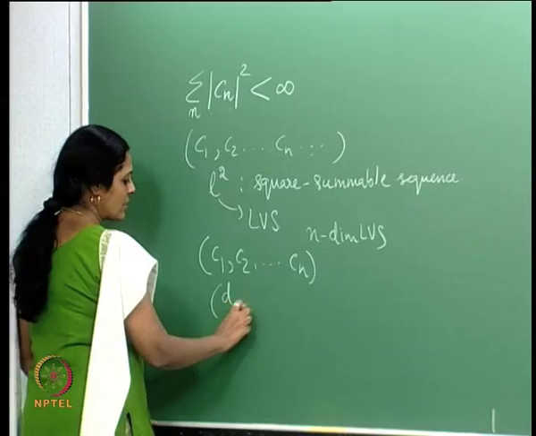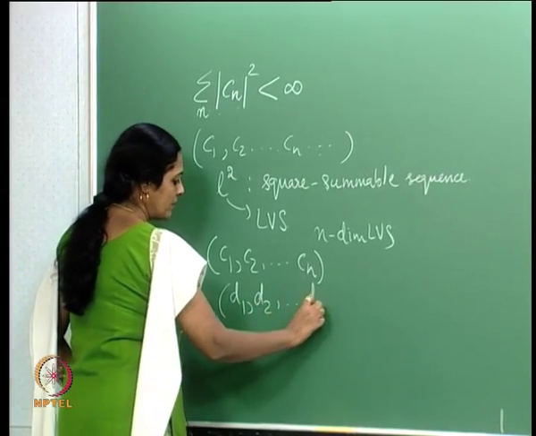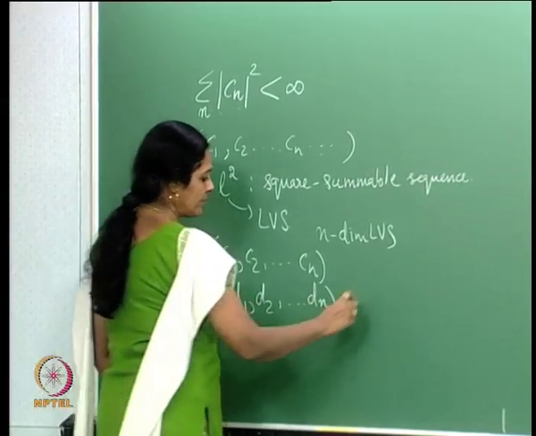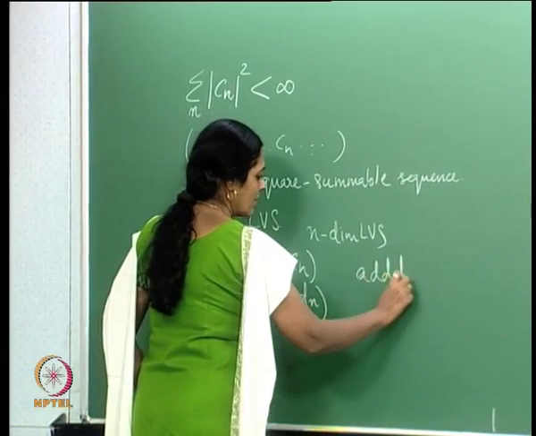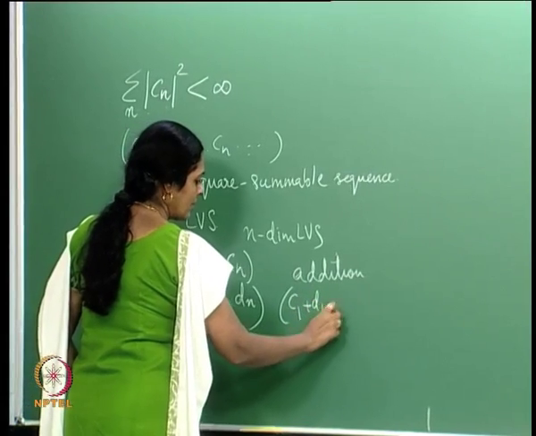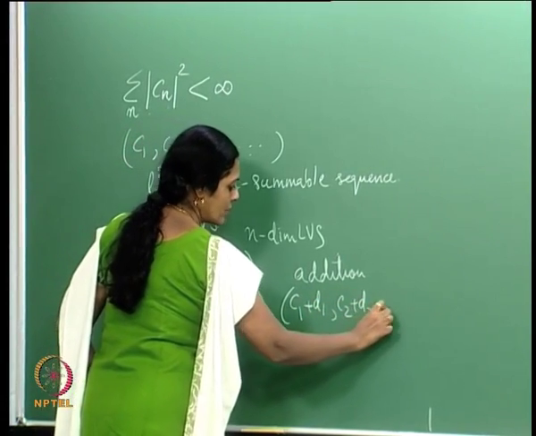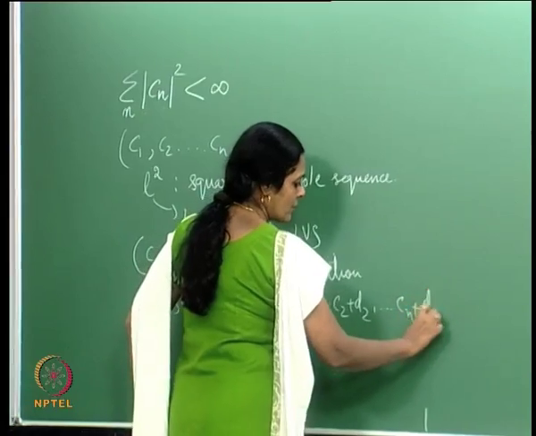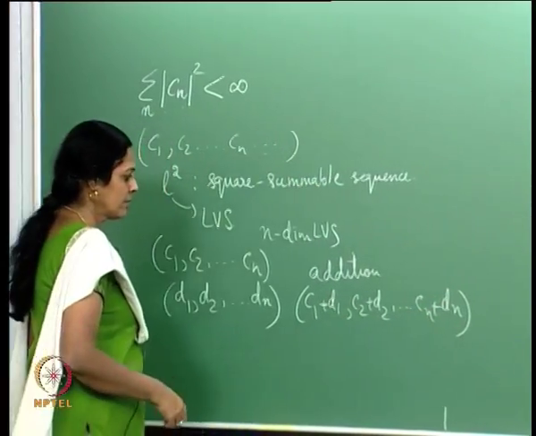And I have another sequence d1, d2 to dn. Addition gives me C1 plus d1, C2 plus d2, and so on. So it's pointwise addition.